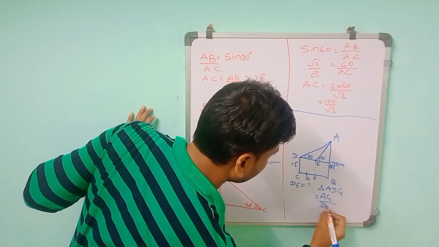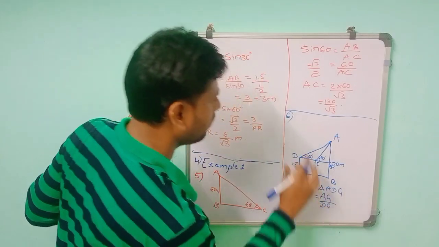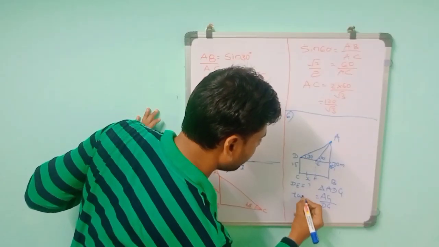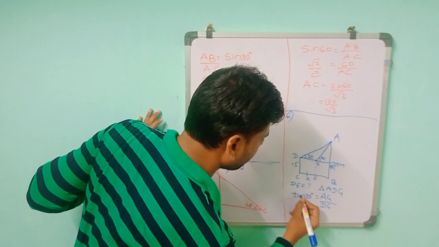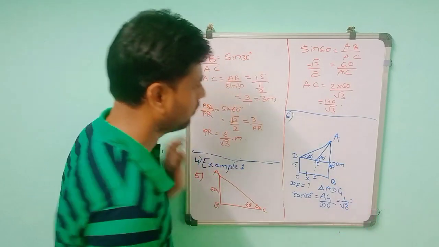This is DZ in triangle ADZ. So tan 30, which is 1 by root 3, is equal to AZ by DZ.